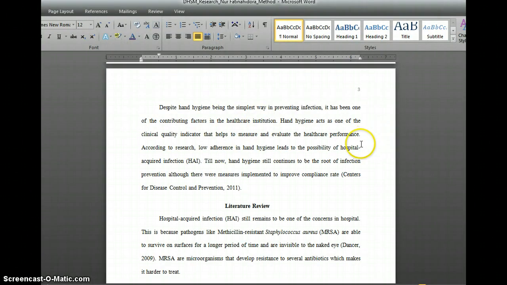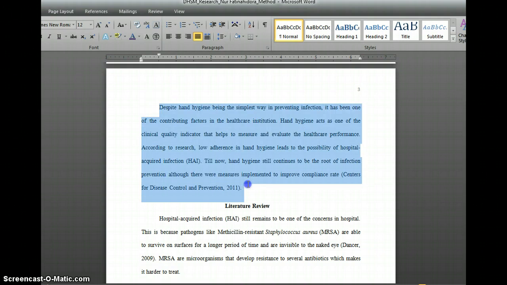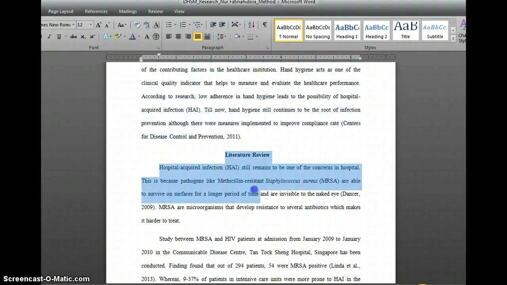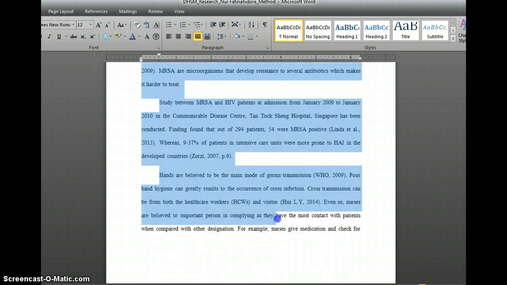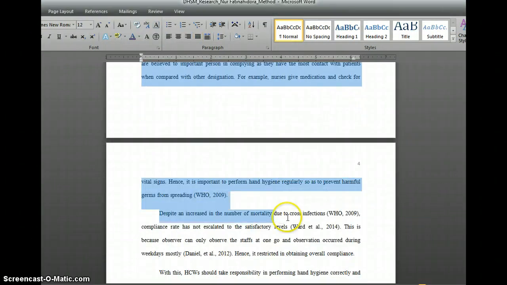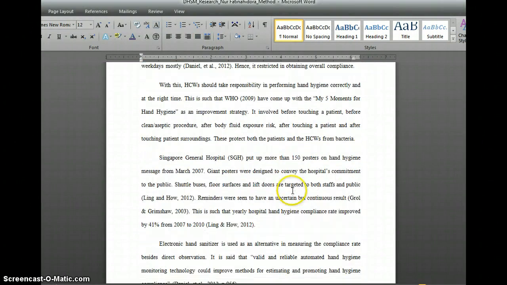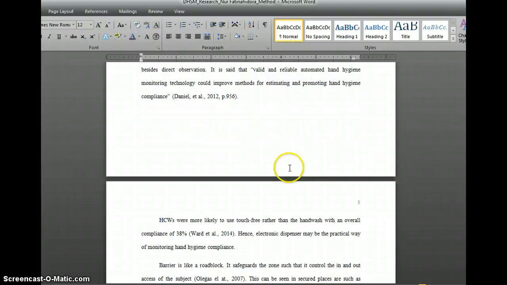This is a sample of a final report of a DHSM paper. There's a beginning of the report, there's always an introductory paragraph, and then followed by the literature review. There are 2 modes. So this one took about 3 pages.